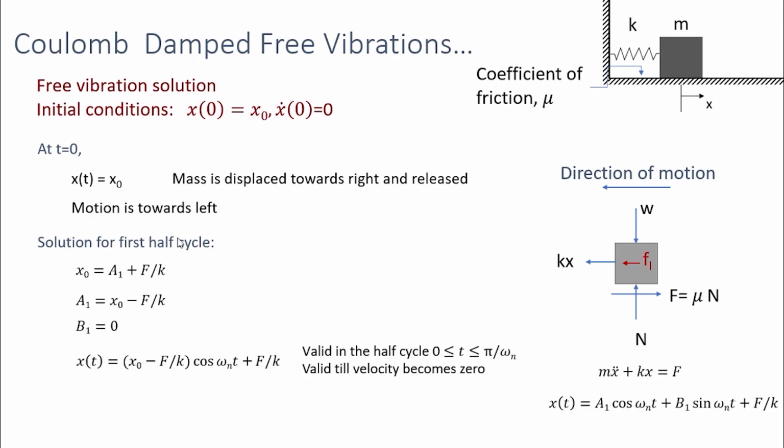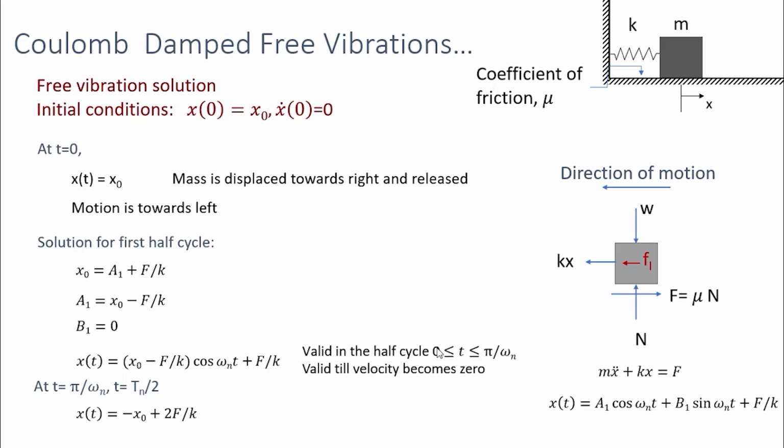So at the end of this first half cycle, the body will reach the extreme left position and then the velocity will be equal to 0. So this solution is valid until then, that is during the first half cycle. Now let's see the value of this displacement at the end of this half cycle, that is when time is equal to pi by omega n.